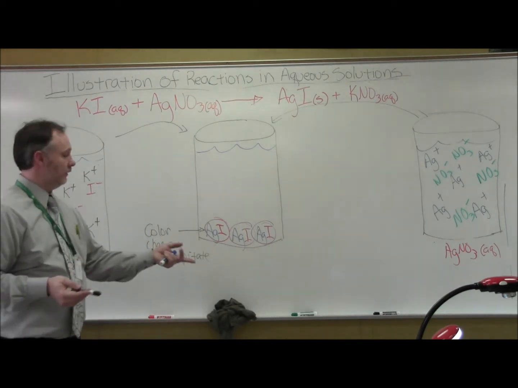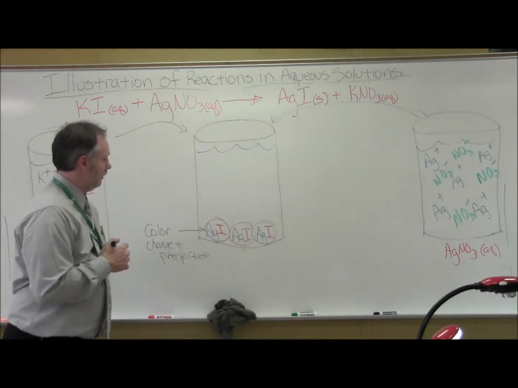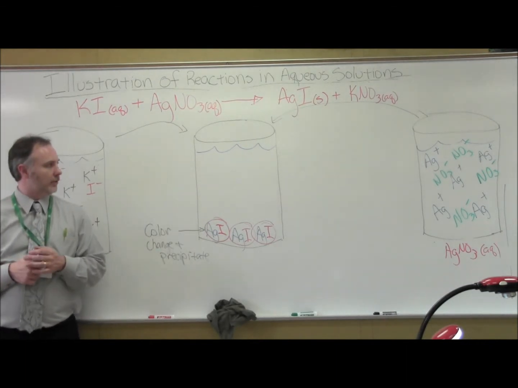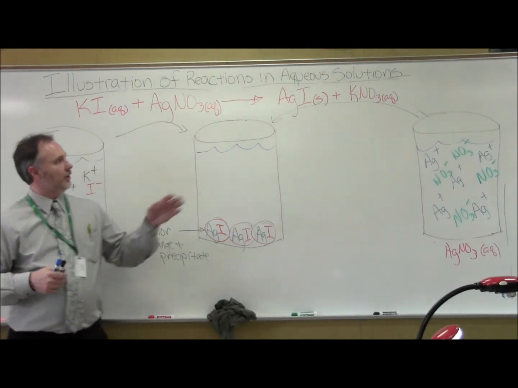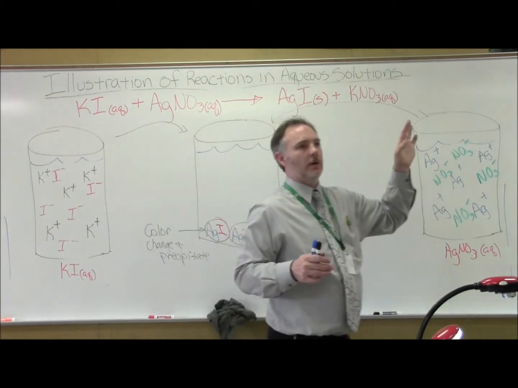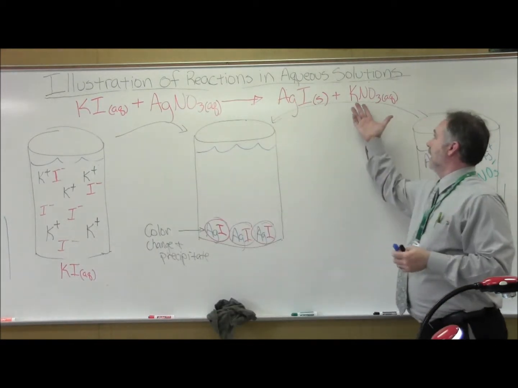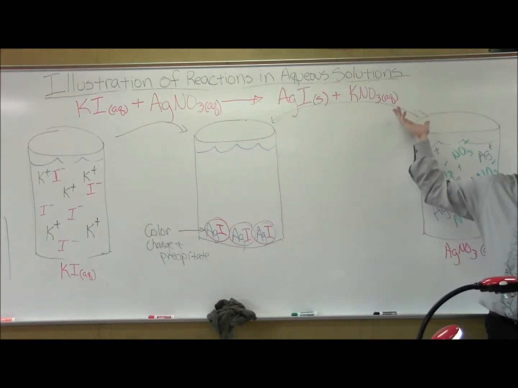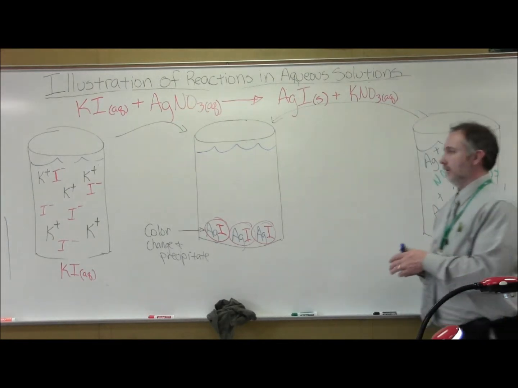We had a color change and a precipitate, and the silver iodide is now a compound sunk at the bottom of our solution. But also in there, I have potassium and I have nitrate, but because it's AQ, what do we do with it? Break it apart, so let's do that.